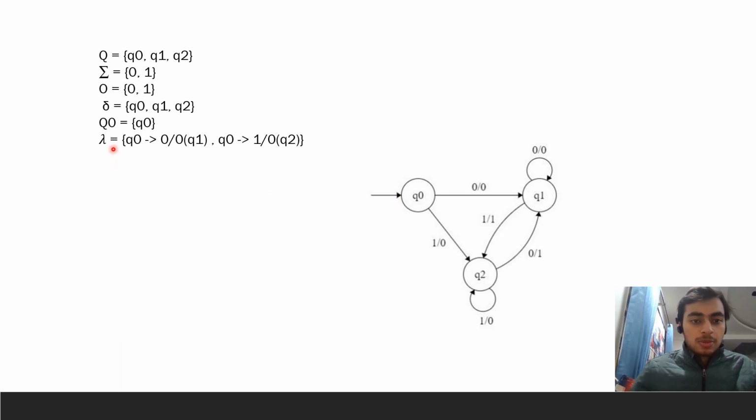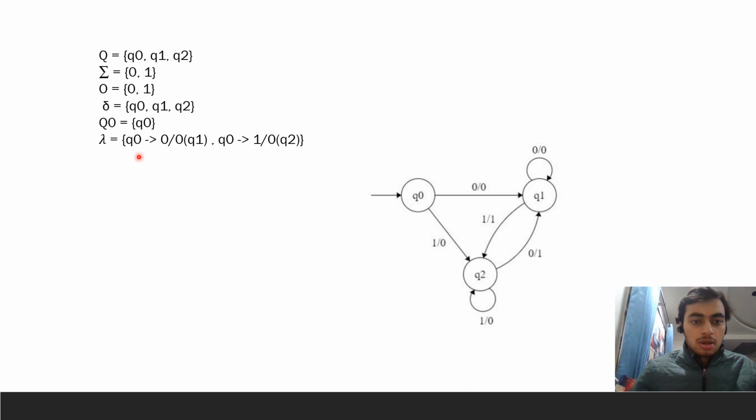Then the last tuple is lambda. Lambda represents the output transition function. In the case of a Mealy machine, the output transition function also depends on the input given on a particular state. Let us see the Q naught example.